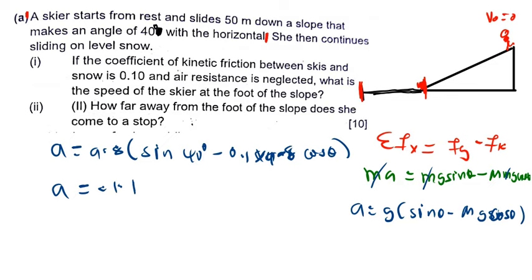So now I want to tell you something, guys. What comes to your mind? We are trying to find, the first question is, what is the speed of this car at the bottom? The speed has to be positive.